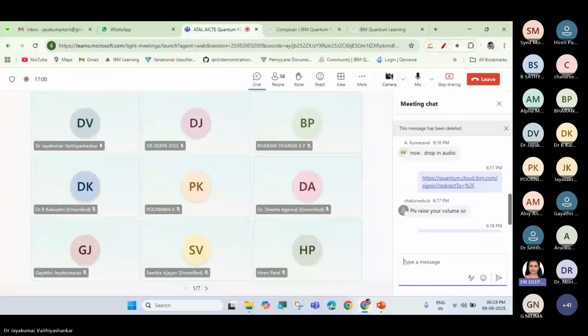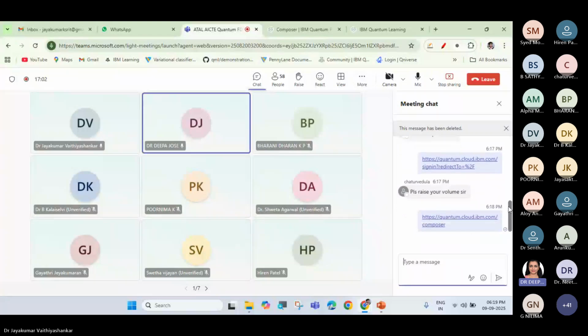As sir told, you can put in the chat box if you have got the link so that you can do it parallel, no, sir? Yes, ma'am. Parallelly they can do. Please put in chat box.